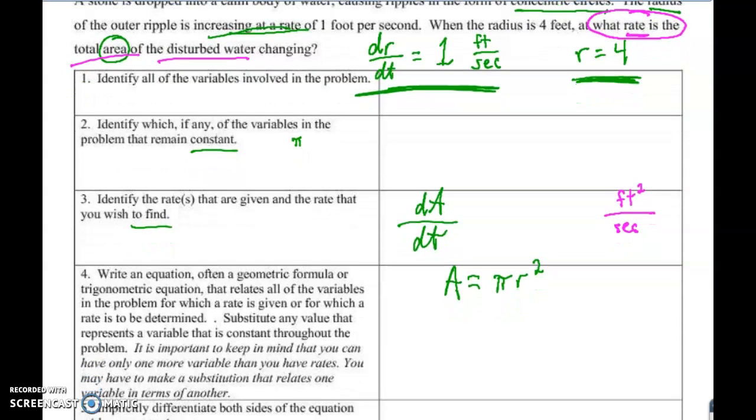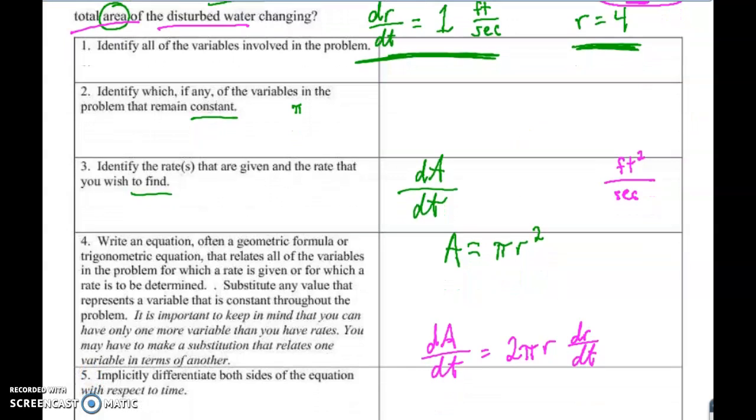So let's continue on. As we implicitly differentiate both sides, this is actually the next box, but I'm just writing it right here. dA/dt would equal 2 pi r dr/dt, because that is the derivative of both sides. And now we can plug in 1 for dr/dt.